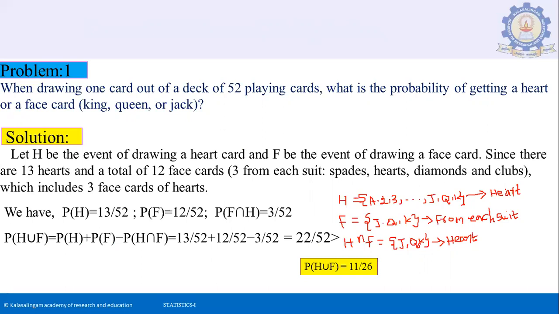Let us denote H and F for their events. Let H be the event of drawing a heart card and F be the event of drawing a face card. Since there are 13 hearts and a total of 12 face cards, 3 from each suit, which includes 3 face cards of hearts.